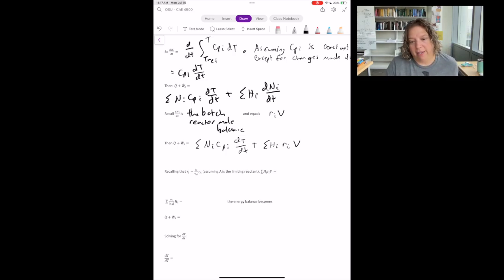And doing that, what we basically recover is going to be this expression. This is going to be the heat of reaction. I don't know if I'm getting ahead of myself here. I am getting ahead of myself.